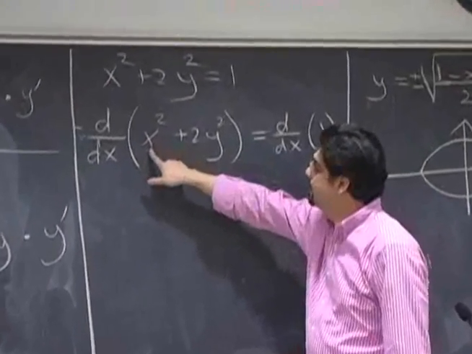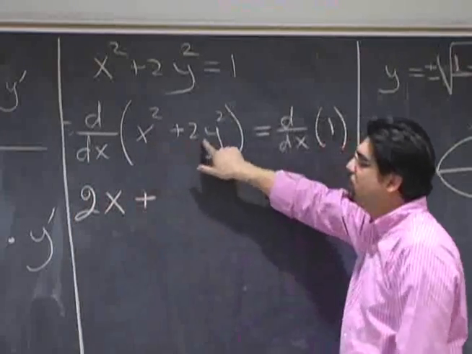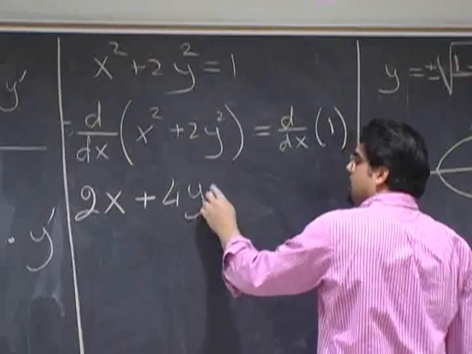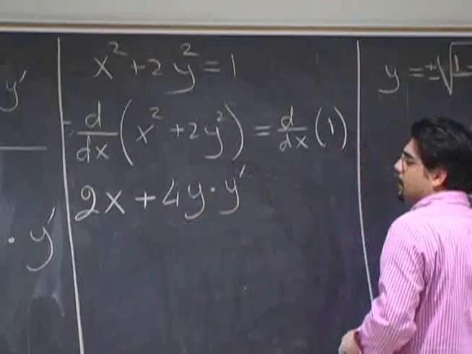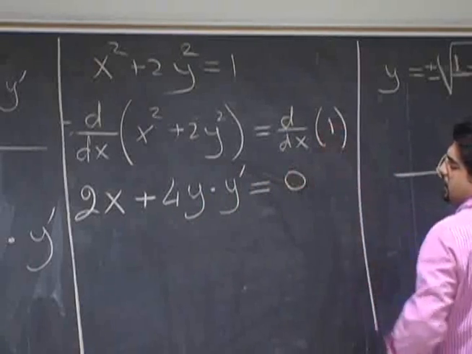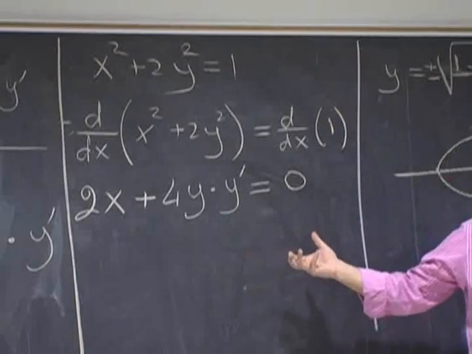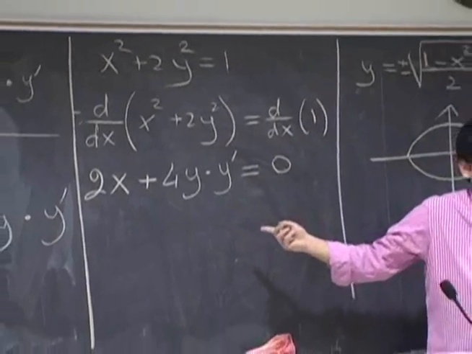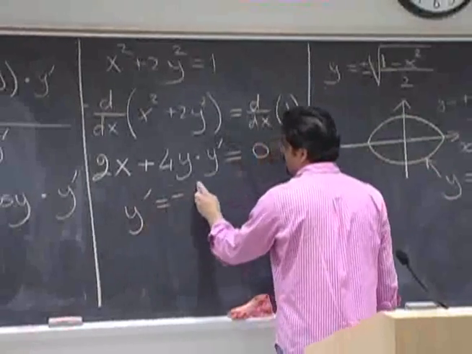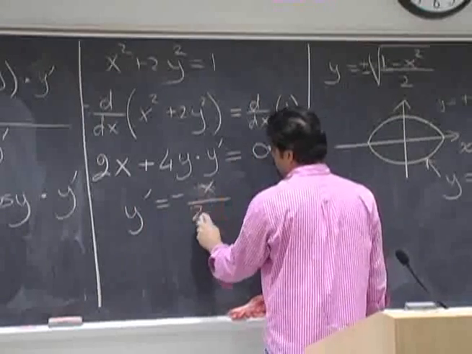What's the derivative of x squared? 2x. And what's the derivative of 2y squared? 4y times y prime. And what's the derivative of 1? Zero. What I'm looking for to get the slope is y prime. So can I solve for y prime? I get y prime equals negative x over 2y.